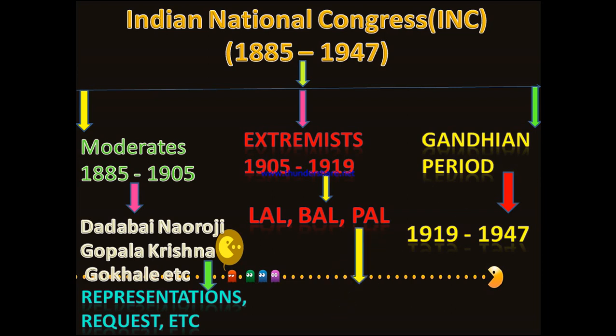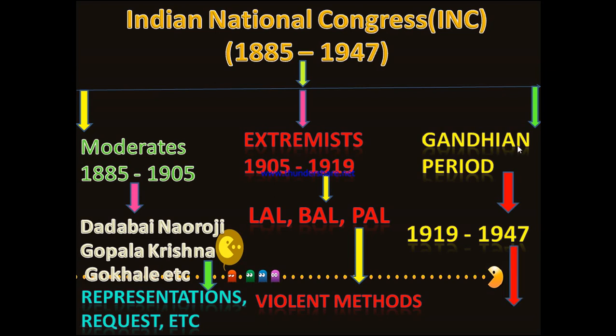Then the extremists, after the failure of the moderates, led the Indian National Congress under the leadership of Lal Bal Pal, but all these leaders followed violent methods, directly attacking and killing British officers. All methods were violent. Also, India did not get independence.